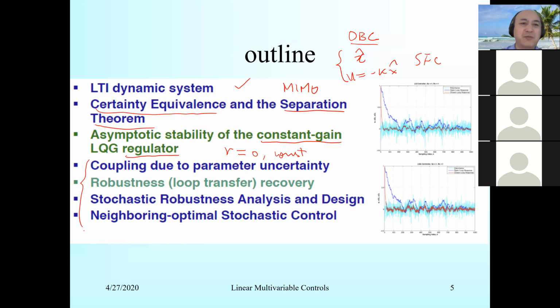The remaining topics are more advanced, so we probably will end before them. These are modern topics, mainly by Professor Stengel's group, focusing on stochastic robustness versus neighboring optimal stochastic control. We're not going to talk about these two. There's a figure here, and you can see it is very similar.